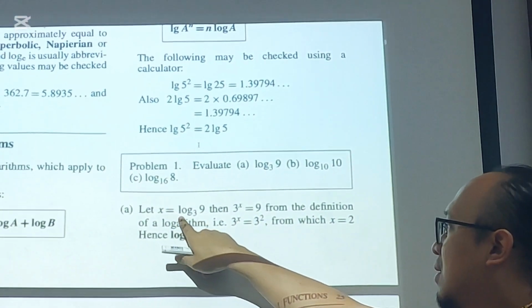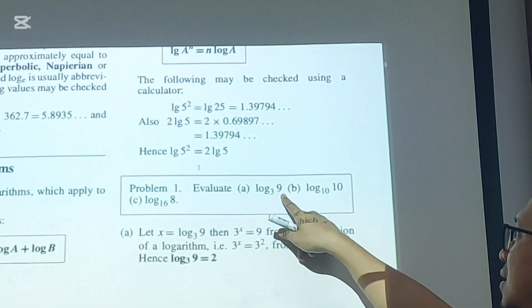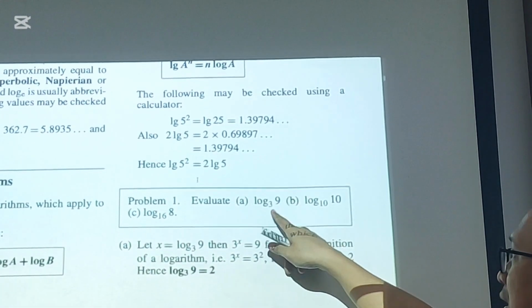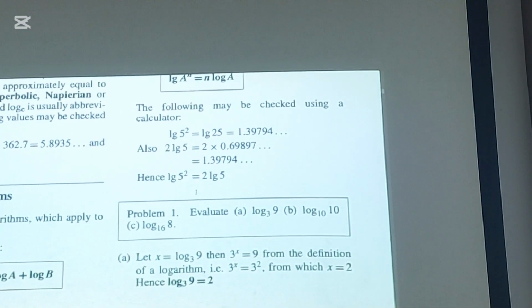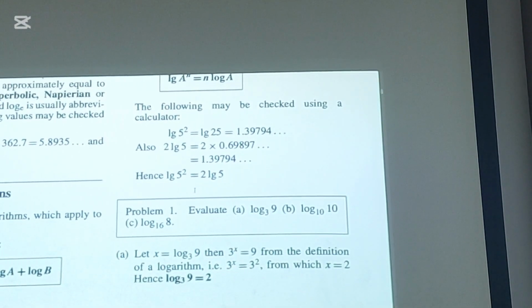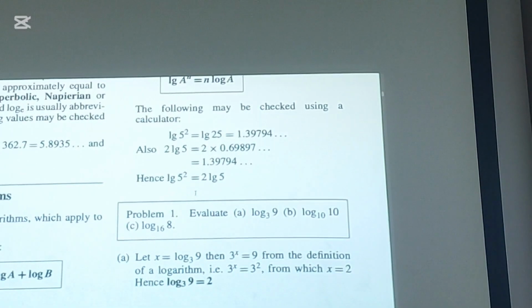For example, the A problem, log base 3 of 9.